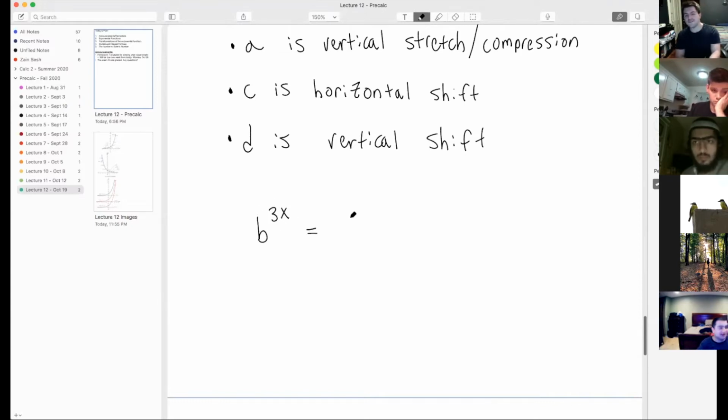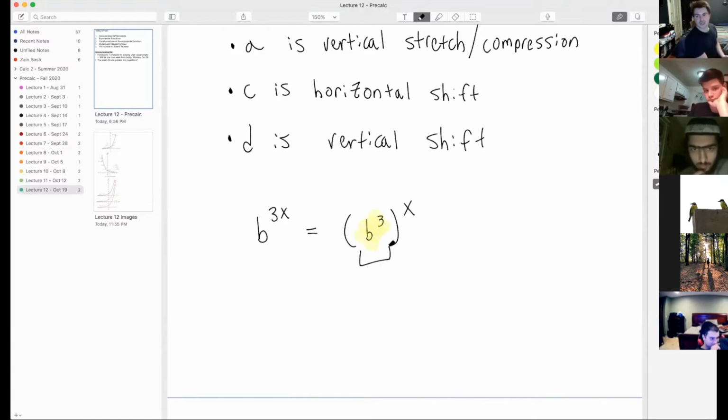But by properties of exponents, this is the same as b to the 3rd, to the x. So all I've done is change the base to a new number. You don't really need to worry about horizontal compression because all it does is change the base. Gotcha. Very good question.